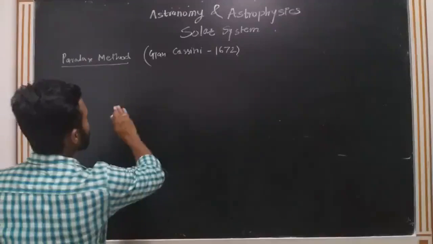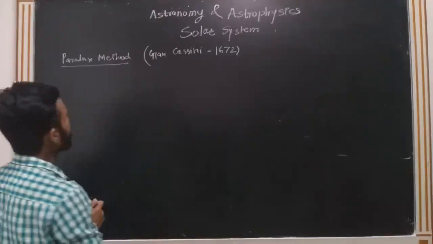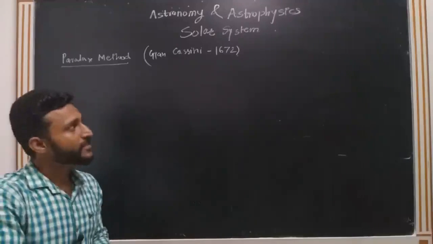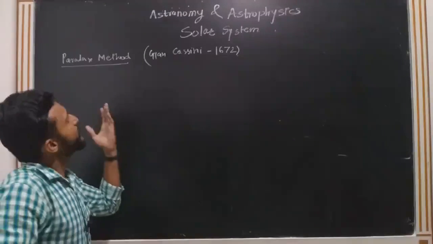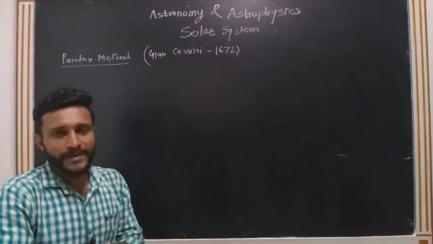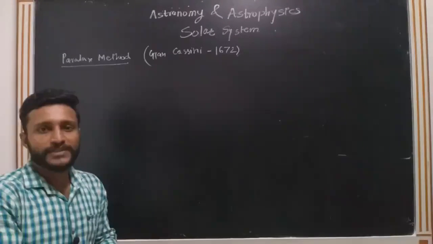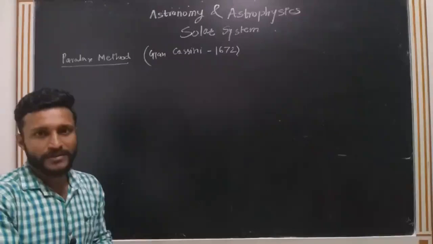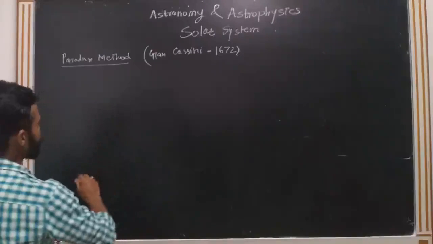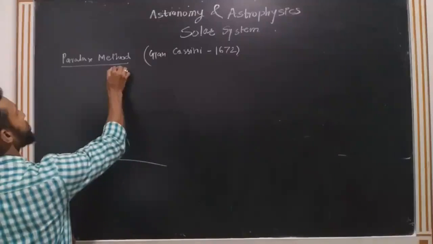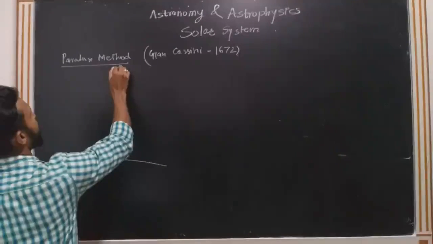So this parallax method, which was explained by Giovanni Cassini in 1672, helps us determine the distance of any object which is far away from our earth, right? So first consider the earth's surface here, and an object, a planet, over here.